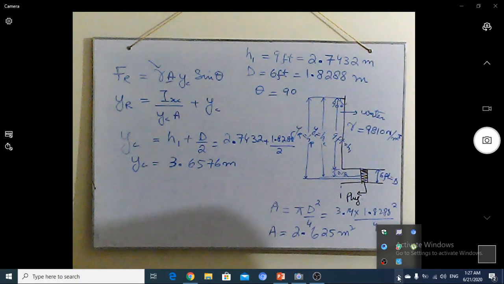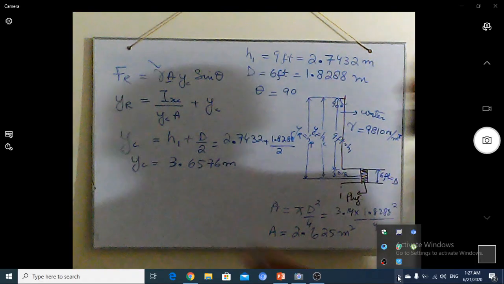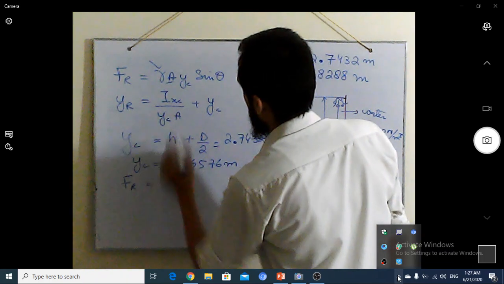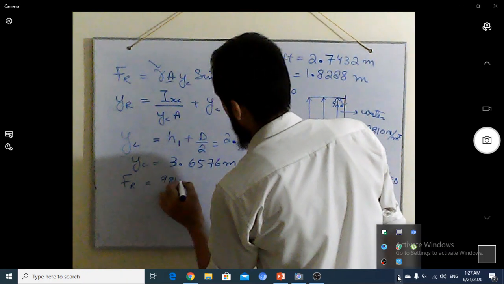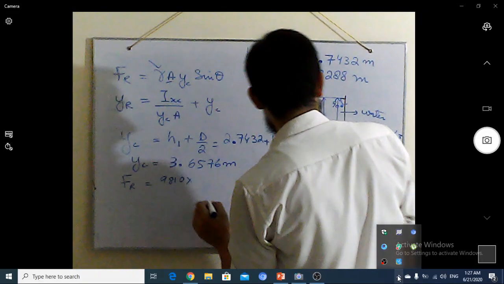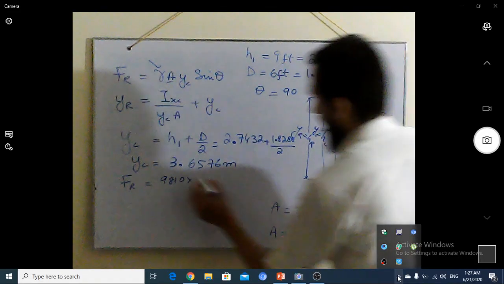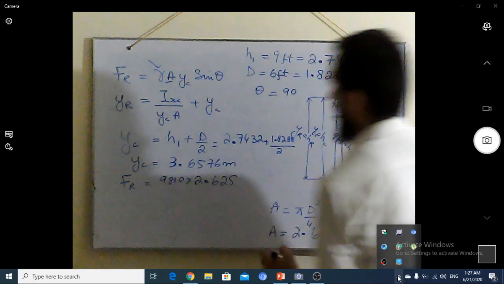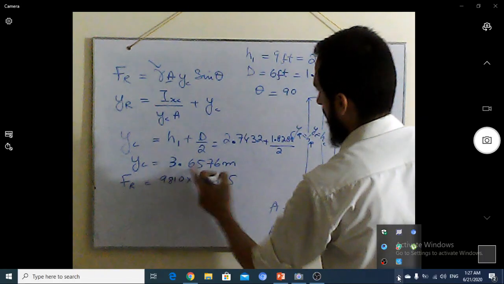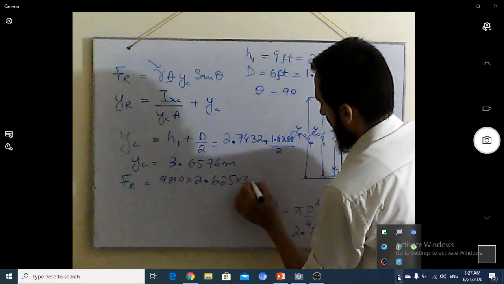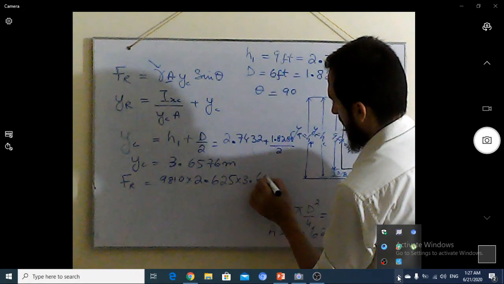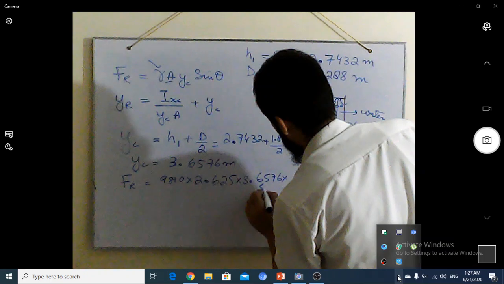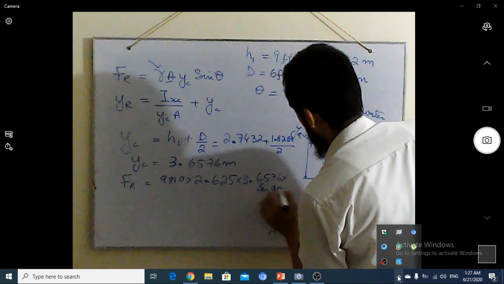So we put all these things in the equation. So FR will be equal to the specific weight 9810 multiplied by the area which we have determined, 2.625, YC value which is equal to 3.6576, multiplied by sine theta, sine 90 degrees.